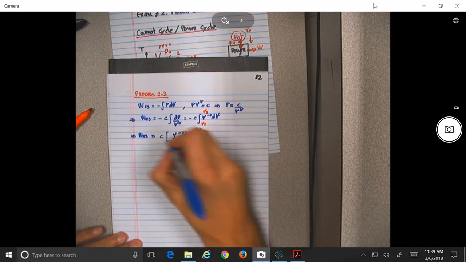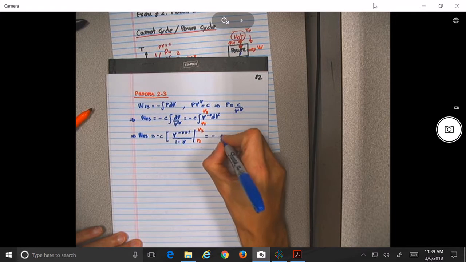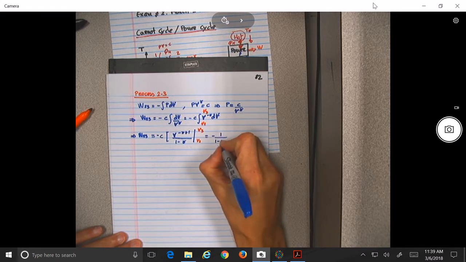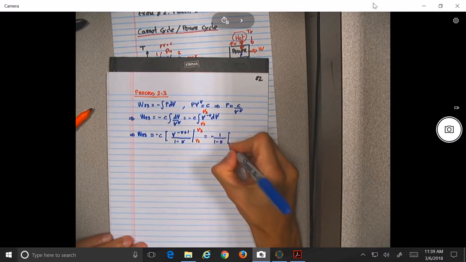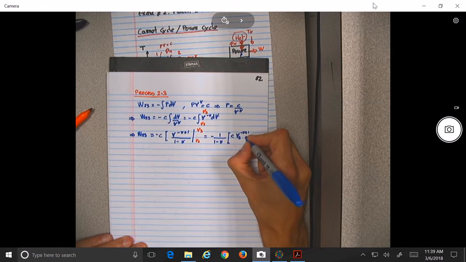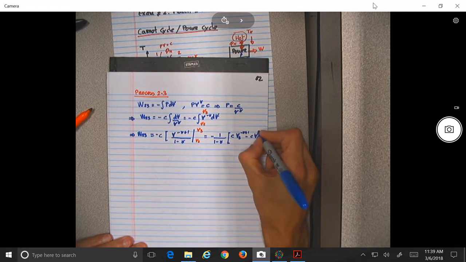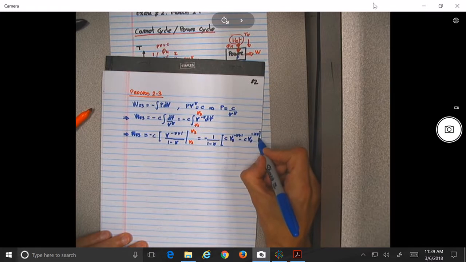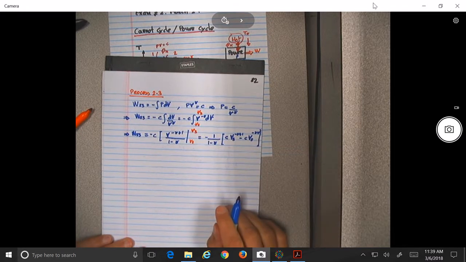This is equal, I forgot the minus, so minus 1 over 1 minus gamma times C V3 to the minus gamma plus 1 minus C V2 to the minus gamma plus 1.